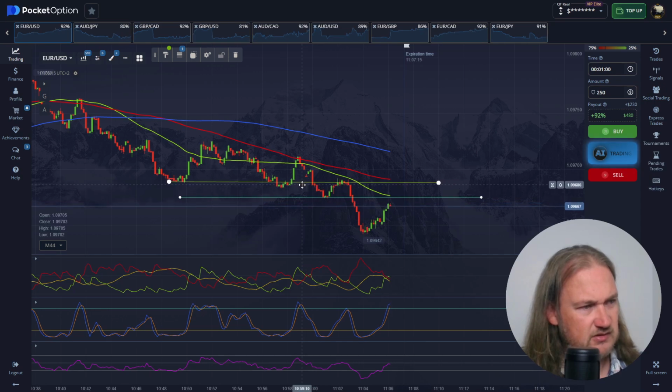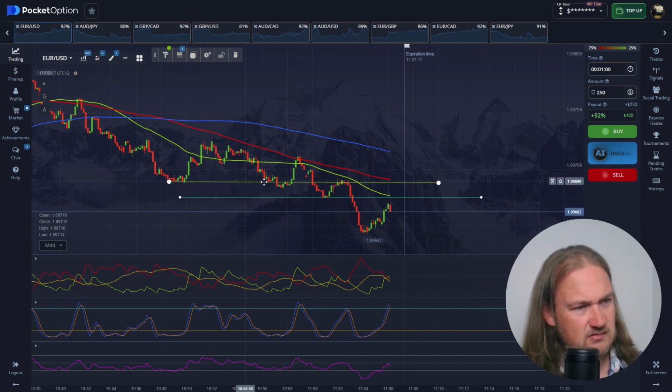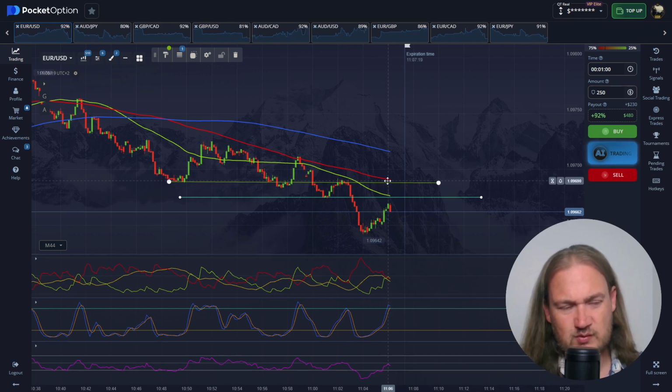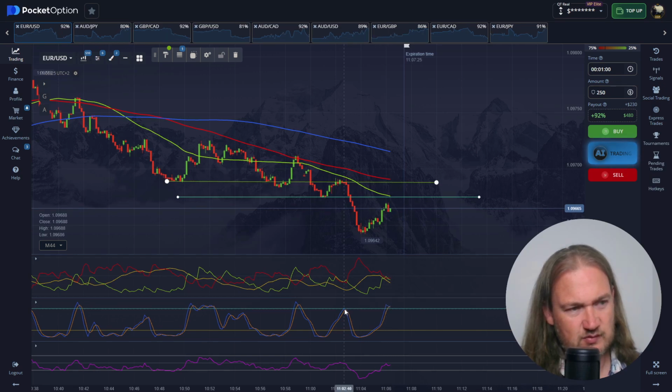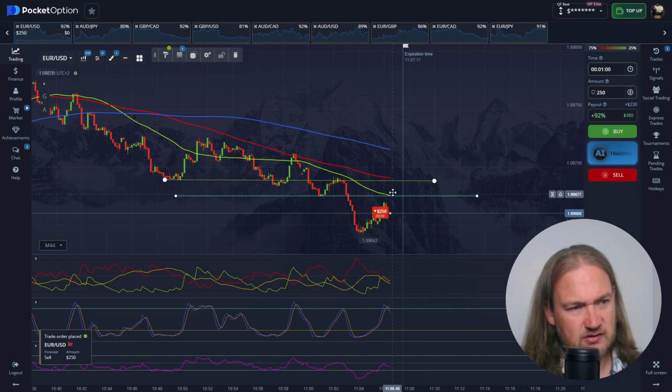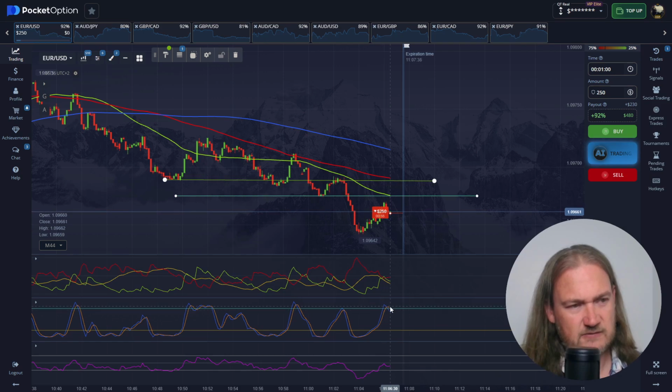We've got this area here, which will, if it does push back, this will go, oh, there was the hidden divergence. There's the hidden divergence. So lower high on price. I'm going to take this. Lower high on price, higher high on indicator.